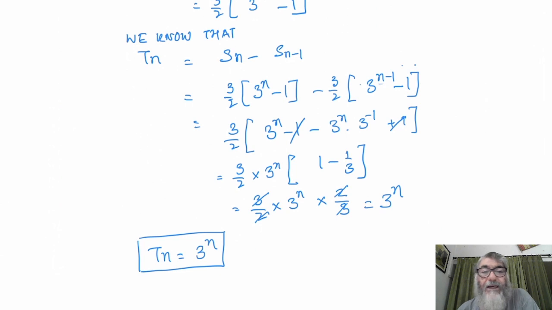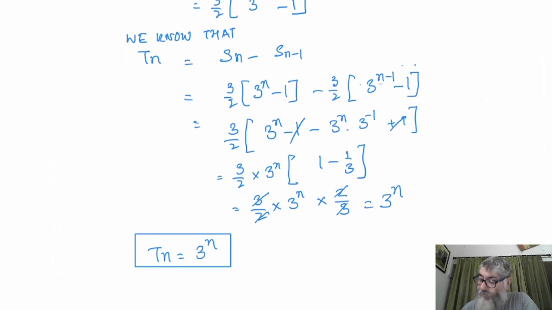Once you've got the nth term, you have got the solution for everything. Because he says first find first 4 terms of the series. T1 will be 3 to the power 1, that is 3.